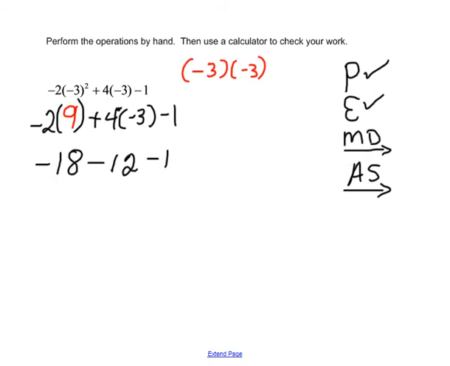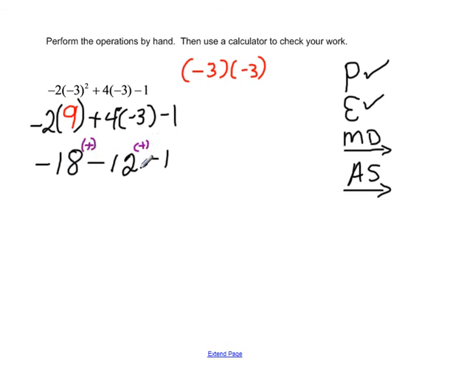Now we're down to our add or subtract step. So when we get to this point, depending on how you're feeling about working with these signed numbers, if you're comfortable just going ahead and combining them, that's just fine. We could also think about the idea of adding the opposite with all of these by putting in a little invisible plus sign, but making that visible. Because -18 minus 12 is the same as -18 plus a -12.